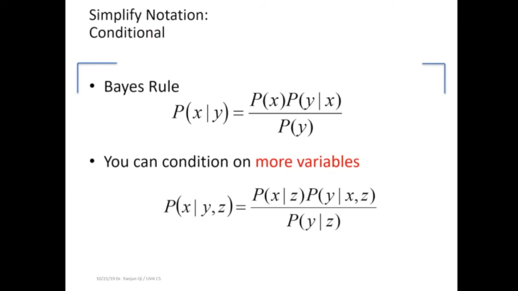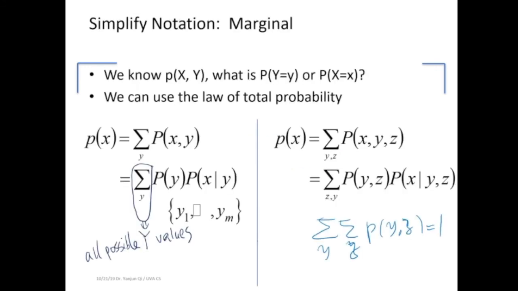You can even have two random variables in the conditioning, and this is the Bayes rule when you have two random variables. So it's actually more complicated. And in the marginal distribution case, we always write something like p(x) equals the summation over y, z of p(x, y, z). So also don't get confused. Here it's about two different random variables, y equal to smaller y and capital Z equal to smaller z, and this normally represents two layers of summation.